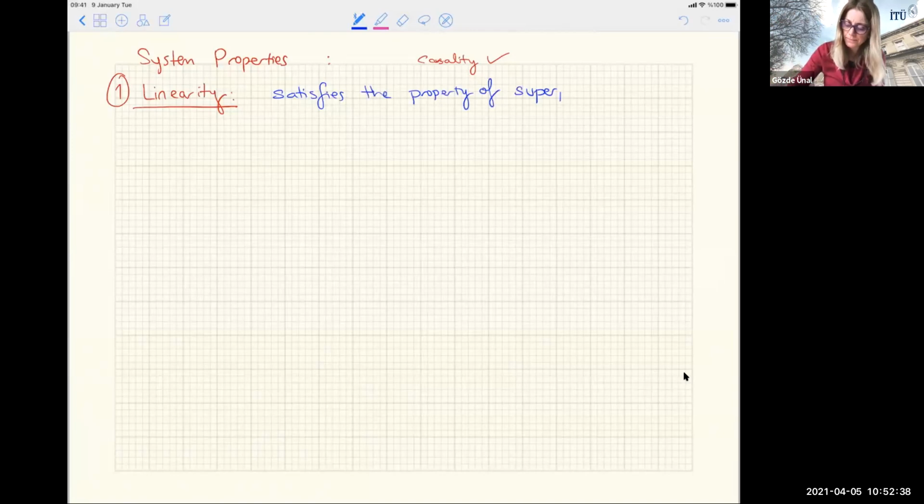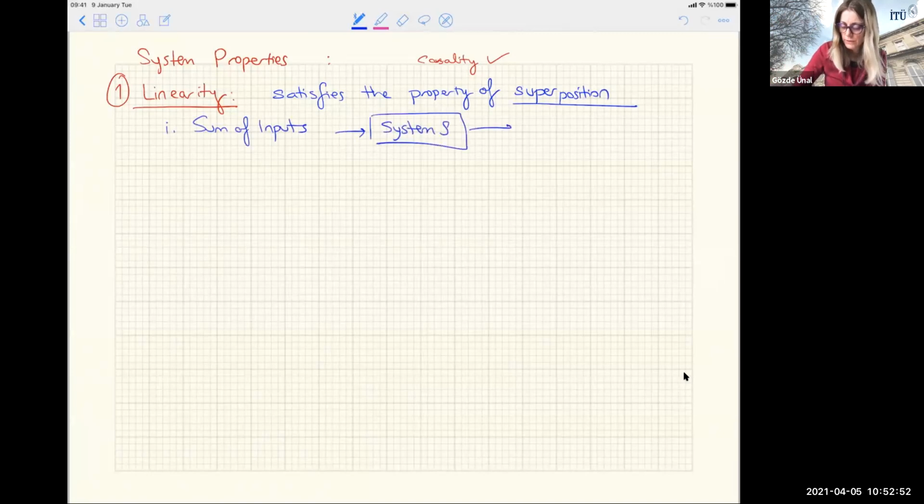Let me write it. It's going to become more clear. So sum of inputs, if it goes to the system, sum of outputs. This is the idea. Superposition. Sum of inputs goes in, sum of outputs goes out.